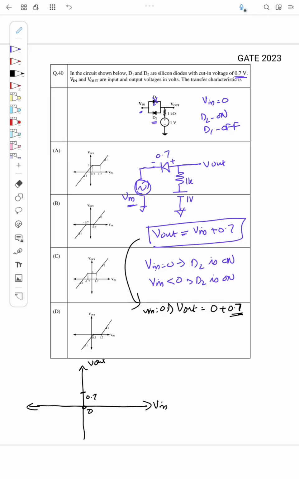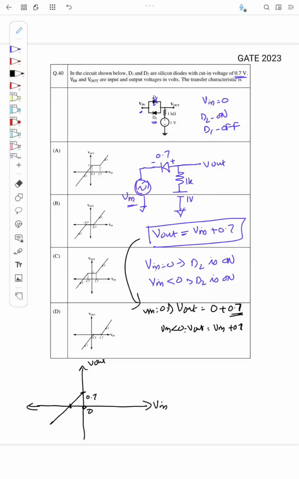And when Vin is less than 0, Vout is equal to Vin plus 0.7. So when Vin reduces below 0, Vout will also linearly reduce. So it will be like this.